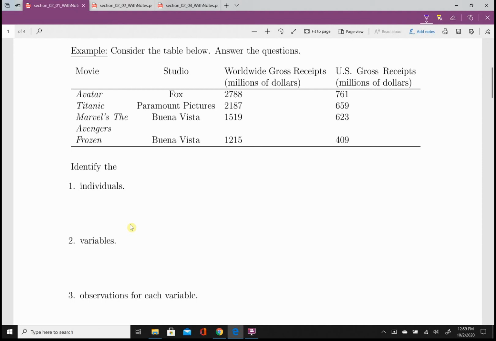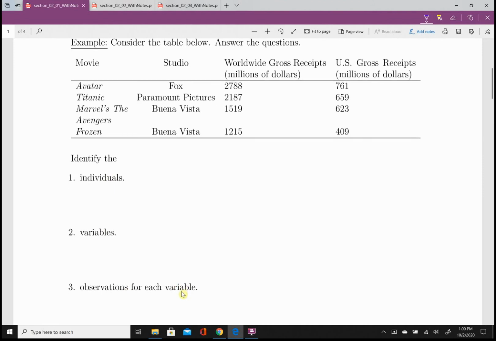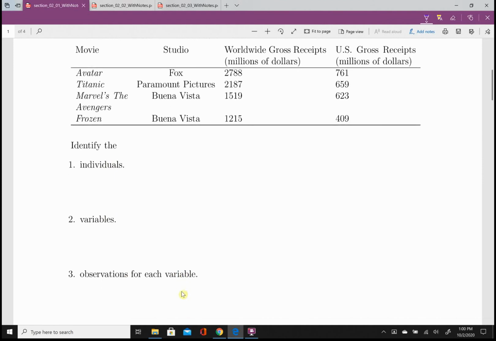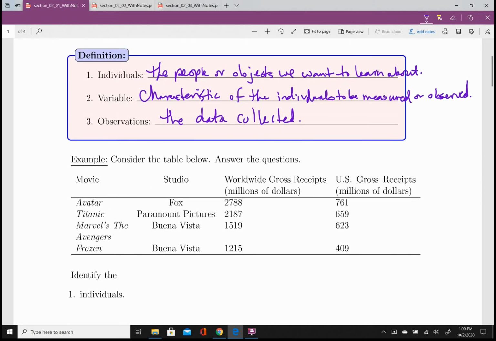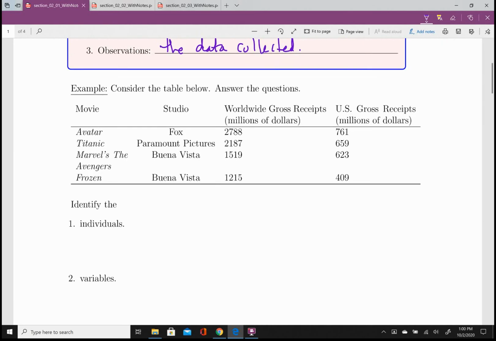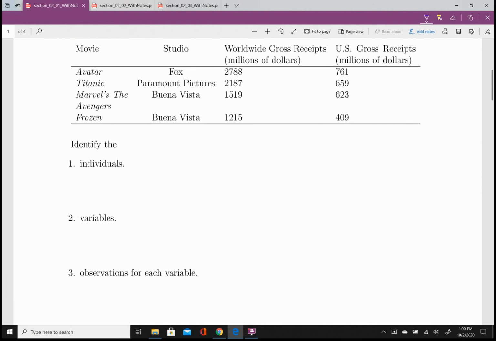And we want to take a look at this information in the table and then answer the questions here, identifying individuals, variables, and the observations for each variable. Okay, so the individuals here are the movies. Okay, so go back to the definition. People or objects we want to learn about. Okay, so they would be the movies for this particular cache of information.